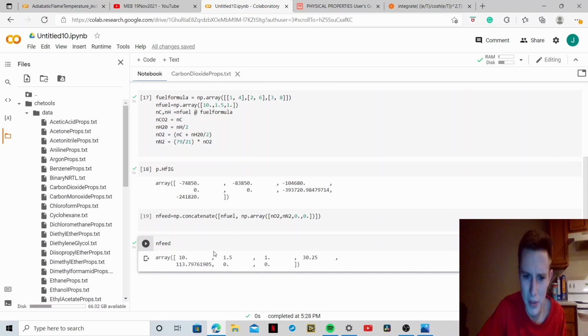You'll see here we have 10 for methane, 1.5 for ethane, 1 for propane, and then 30.25 here, and moles for oxygen and for our nitrogen, and 0 and 0 like before for our carbon dioxide and water. So that's the components of our feed, our input.